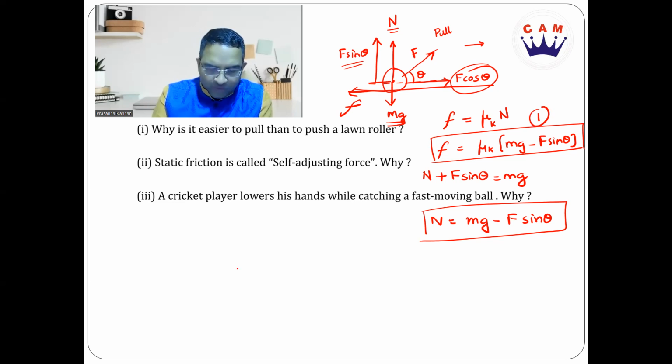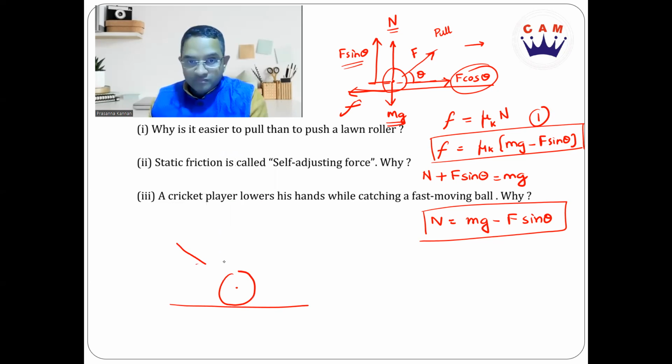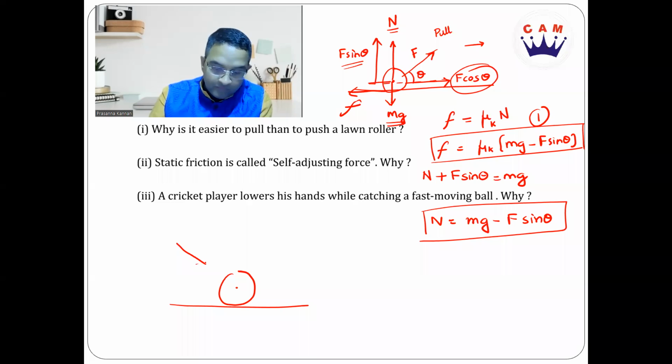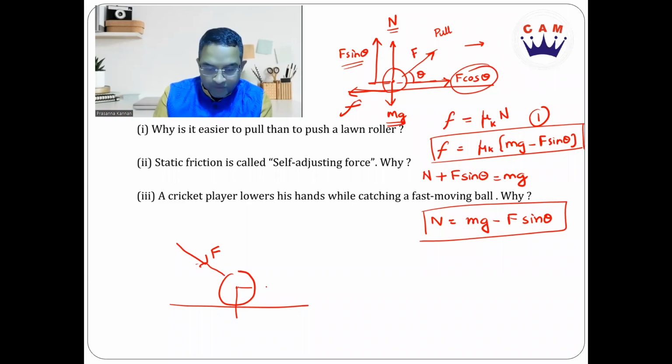Now let's say we are going to push the roller on the other hand. I'm going to apply a force in this direction and push the roller. So F is in this direction, and let's say the angle is theta.